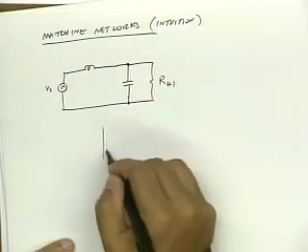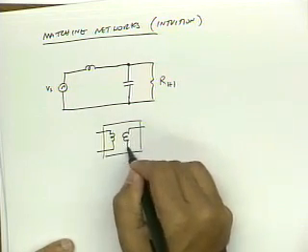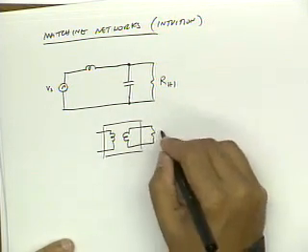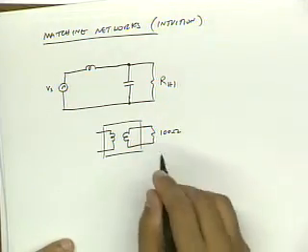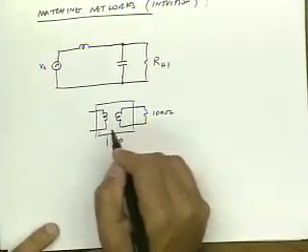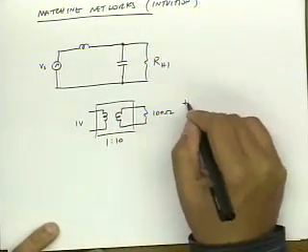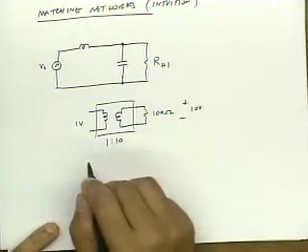In other words, if I go back to my picture of a transformer, let's say this is 100 ohms, and let's say this has a 1 to 10 turns ratio. So if I put 1 volt here, the voltage across here is 10 volts.